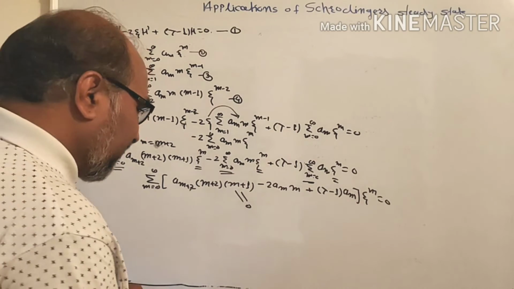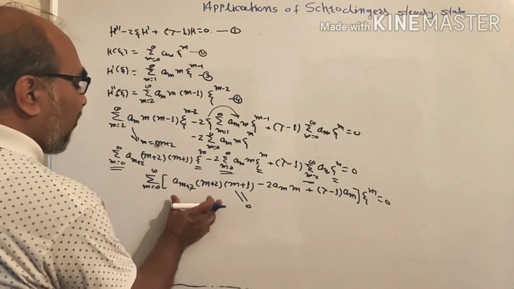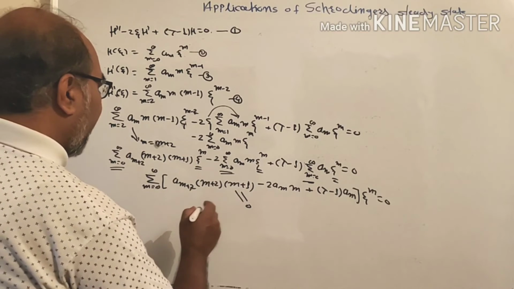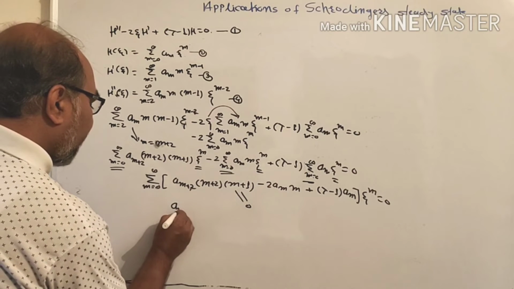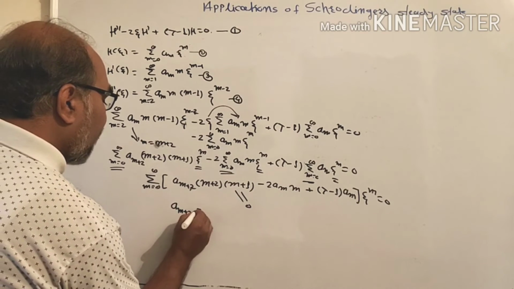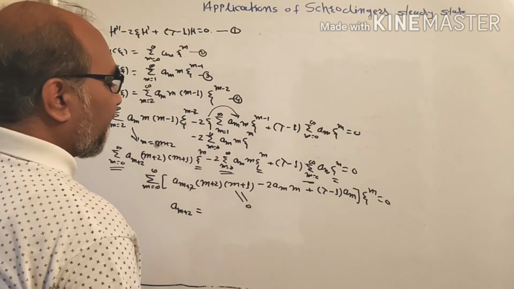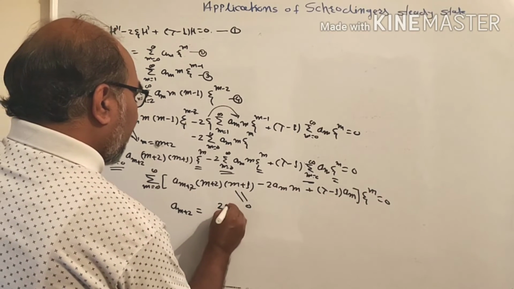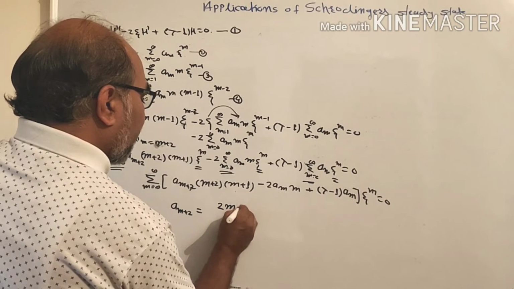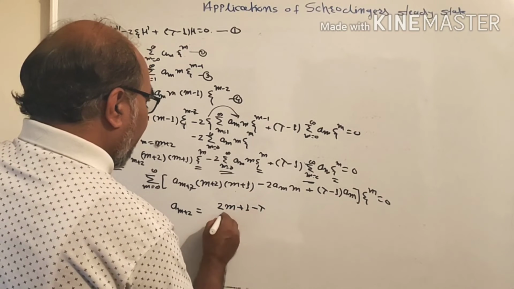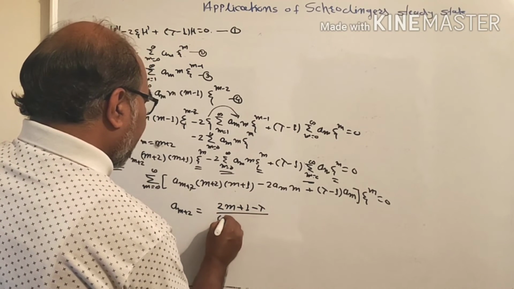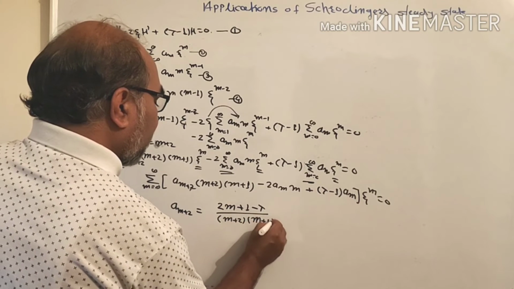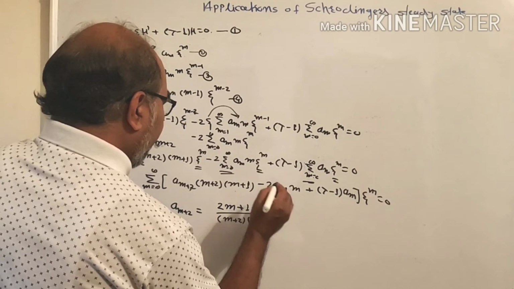Therefore solve this for a_(m+2). So we can write a_(m+2) is equal to (2m plus 1 minus lambda) divided by (m plus 2)(m plus 1) times a_m.